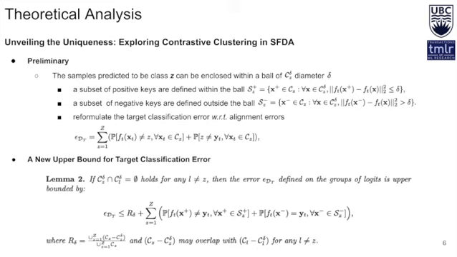The second term is the probability that we misclassify the positive keys, which means the prediction of the positive key is not equal to the ground truth of the target query sample. And the third term is that the prediction of the negative key is equal to the target query's ground truth. Those are the two misalignment errors that we can find for contrastive clustering.